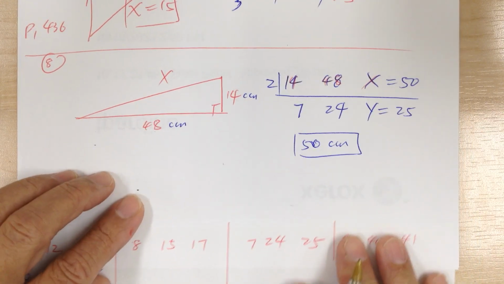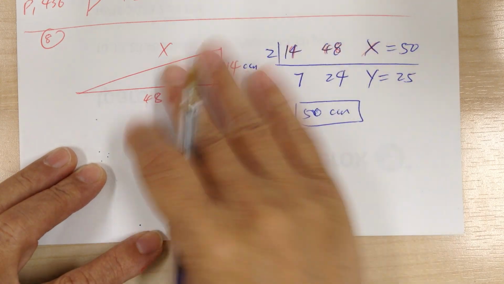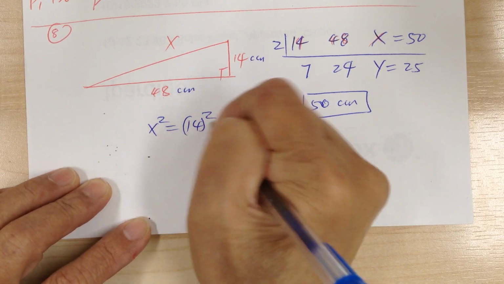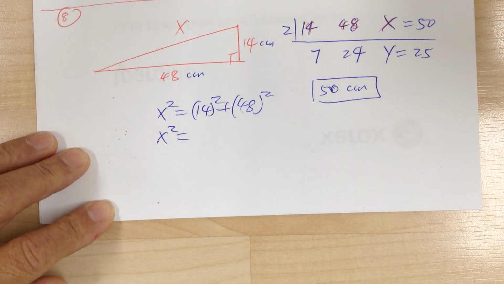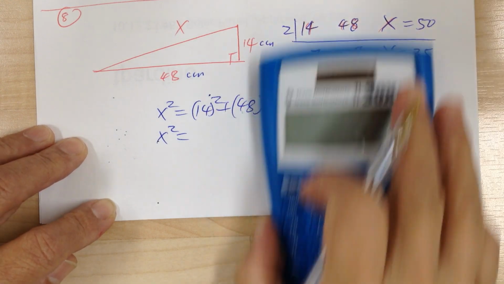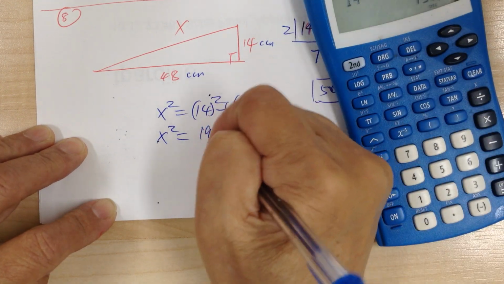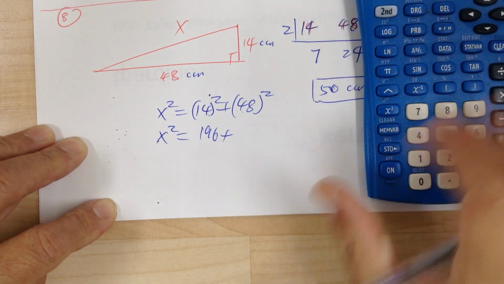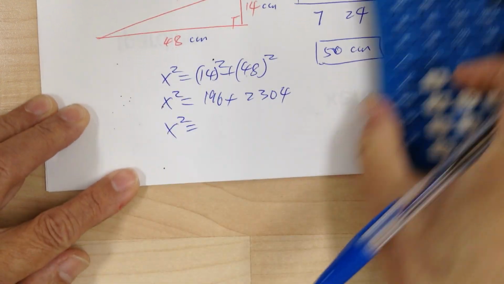If you know the technique, it can be done very quickly. If you don't know the technique, you have to do it the long way. You have x squared equal to 14 squared plus 48 squared, and you have to use a calculator. 14 squared is 196, and 48 squared is 2,304.